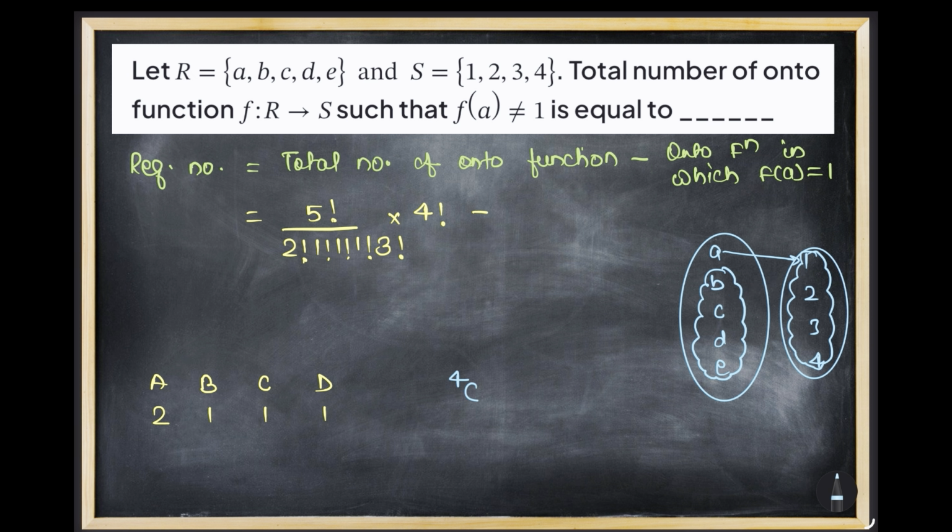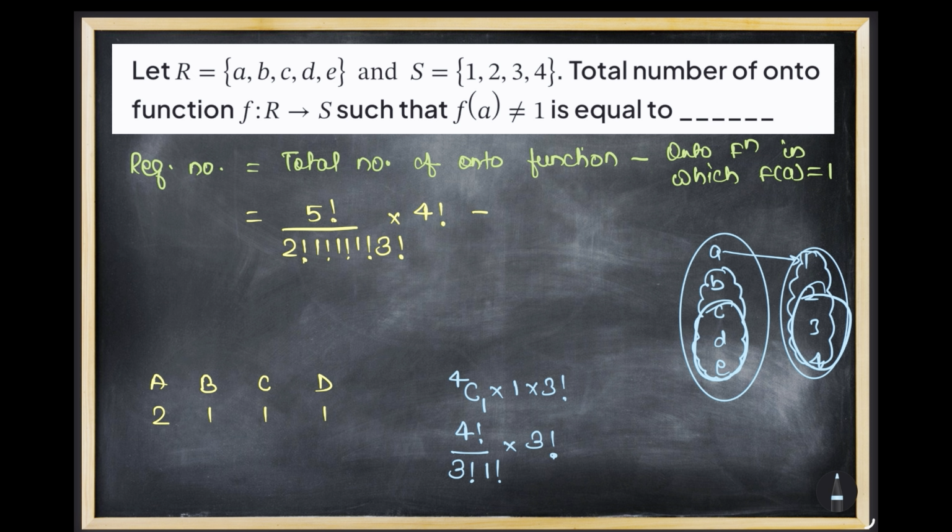So select that person. So 4C1. This is the selection of one person from those four people. And then you have to connect that person with 1. So there is only one choice. Now you have 3 people and here 3 people. So it is 3 factorial. So you got 4 factorial by 3 factorial, 1 factorial into 3 factorial.